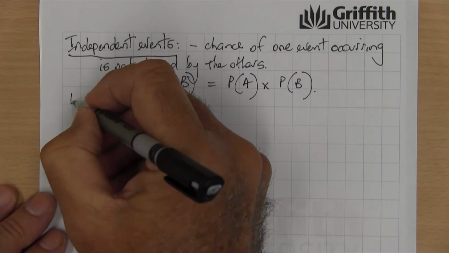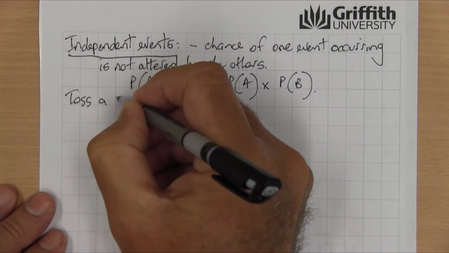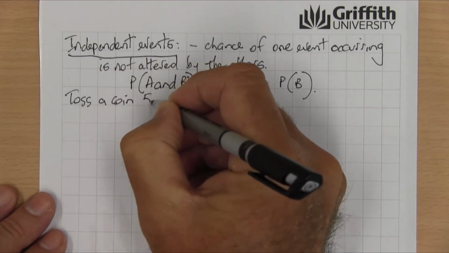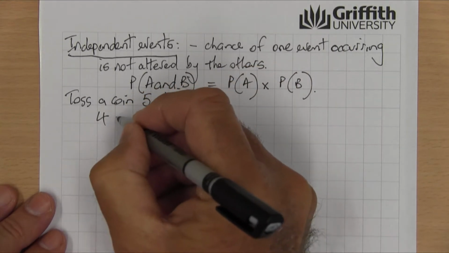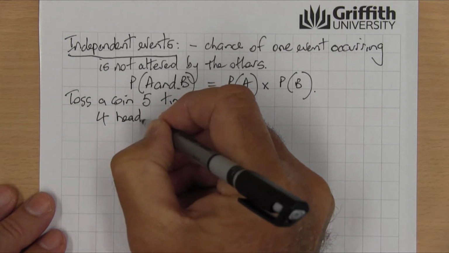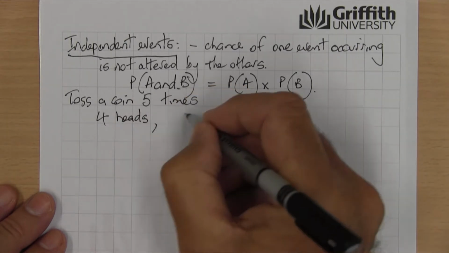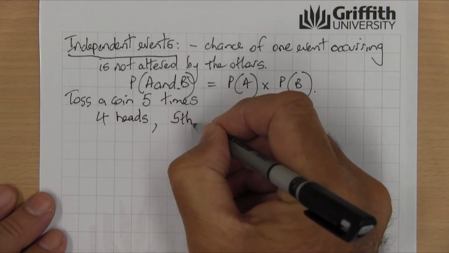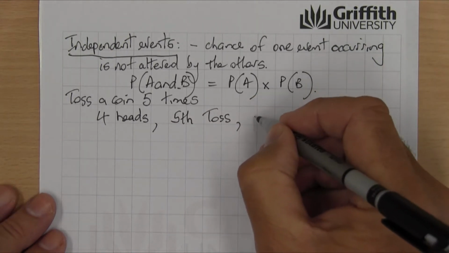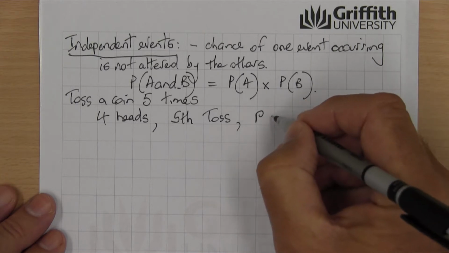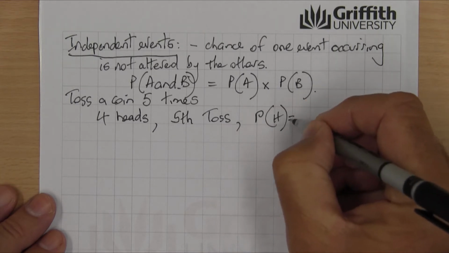Now, if you toss a coin 5 times, and say you've got 4 heads in the first four, then on the 5th toss the probability of a head is still equal to a half.